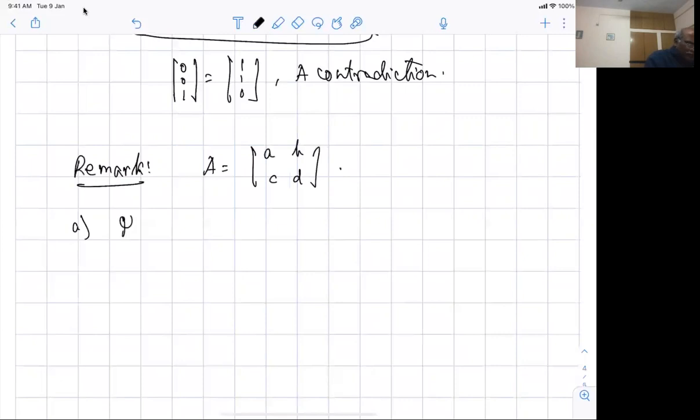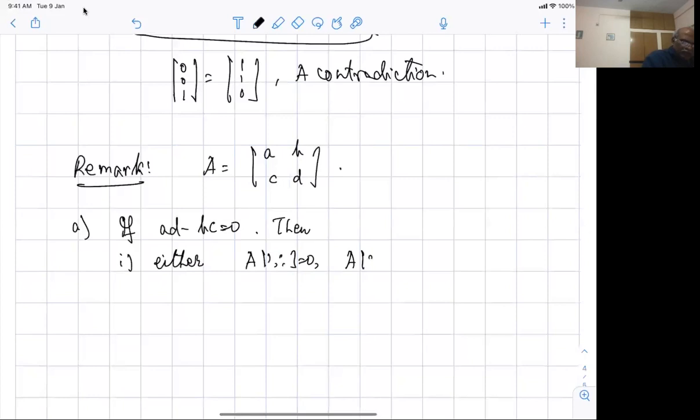If ad minus bc is 0, that is, the determinant of A is 0, then what can happen? Either the first column will be 0, or the second column will be 0.